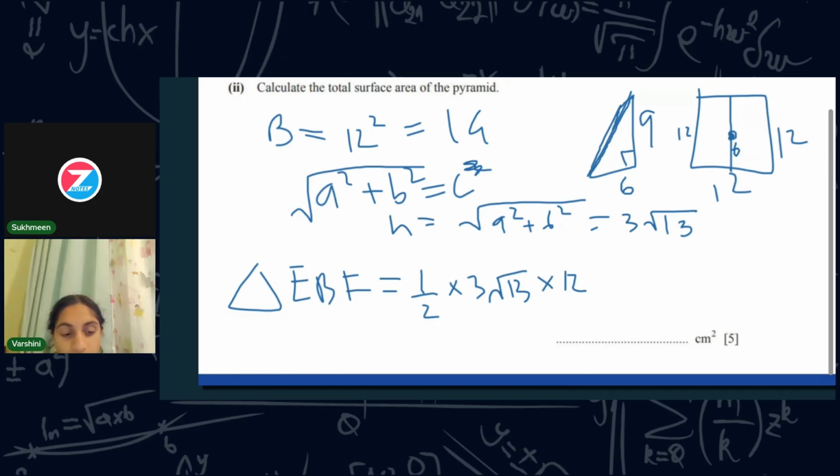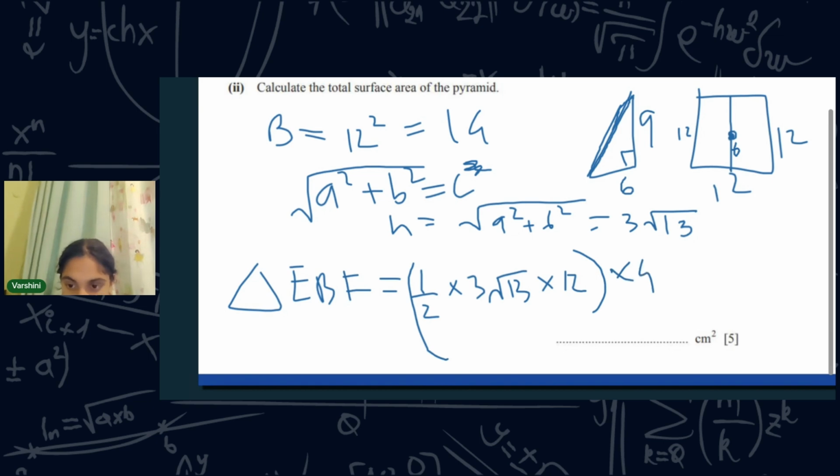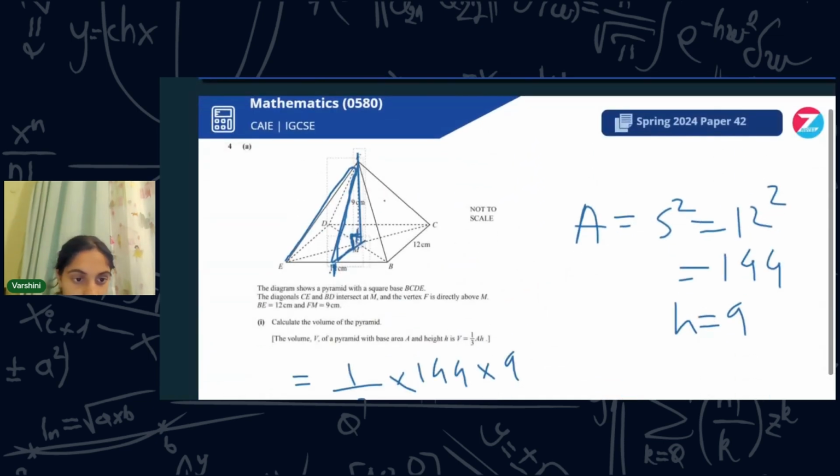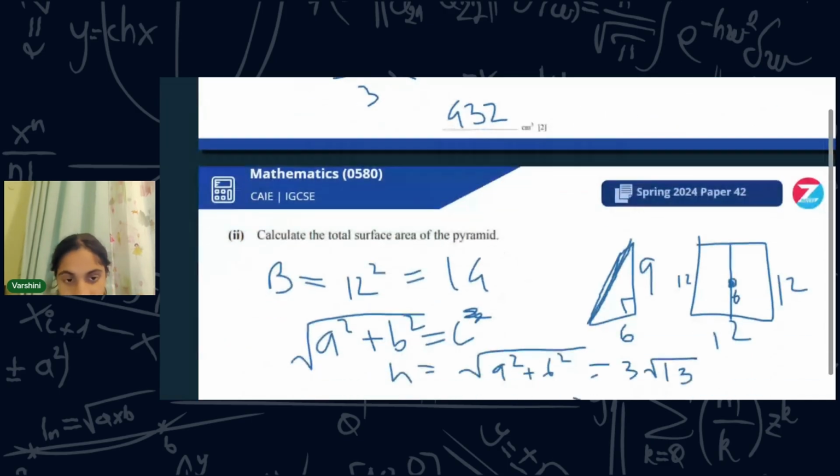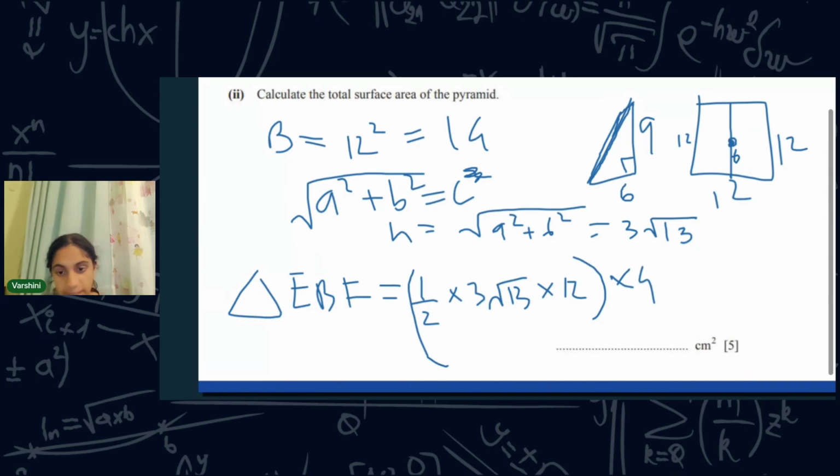Remember, we want triangle EBF 4 times, because we want this side, this side, the back side, and the other side, and all these sides are going to be the same. So all we have to do is put this in our calculator: 3 root 13 into 12 into 1 by 2, or divided by 2, into 4. So you're going to get 72 root 13.